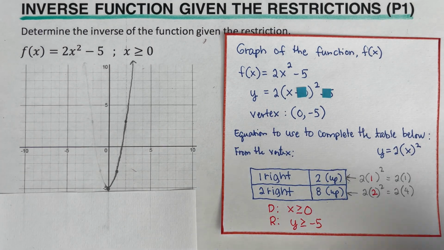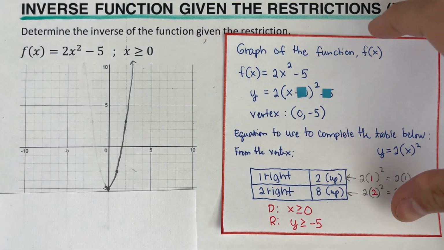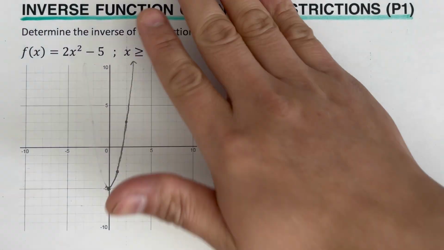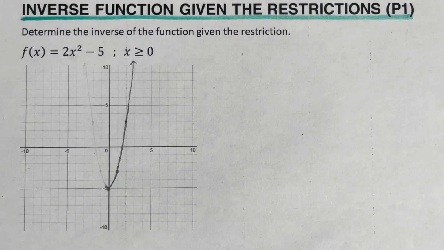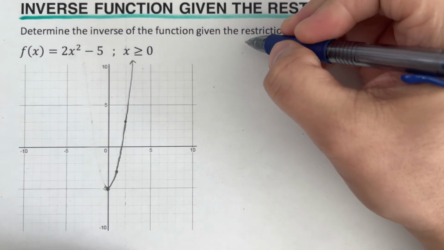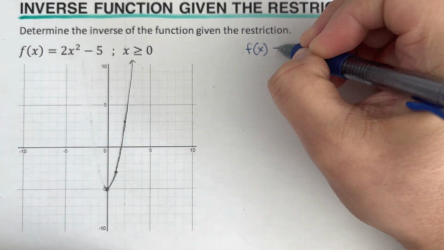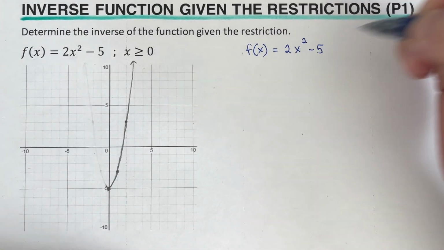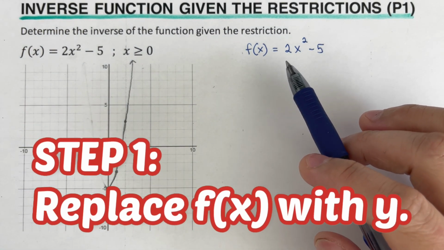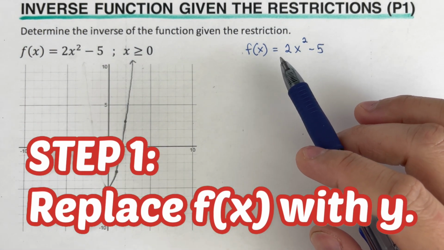So then we can go ahead and determine the inverse for this restricted graph, or this restricted equation. I'm just going to show the work for the inverse right here. We remember that we are given this function. The first step in determining the inverse of a given function is to replace f of x with y.